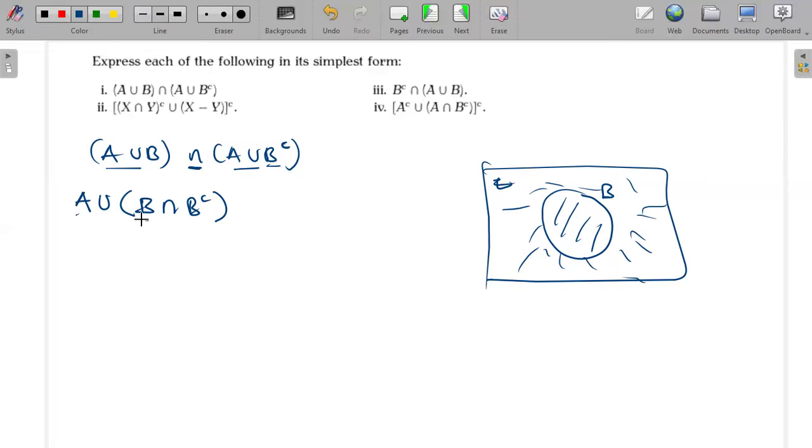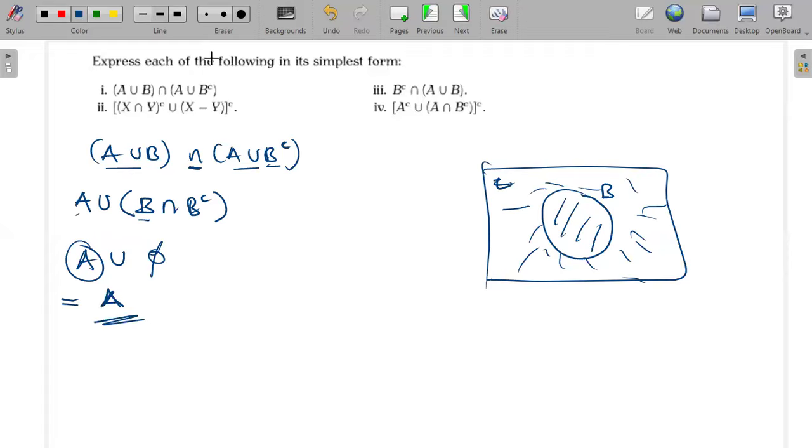So whenever you see B intersect B complement, or any set intersect its complement, it's going to give you the empty set. So this is going to be empty. And then you have A union empty set. Whenever you say A union an empty set, it's always going to be that set itself. So this here is going to be the set A.